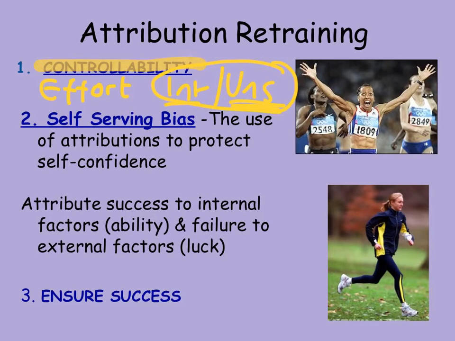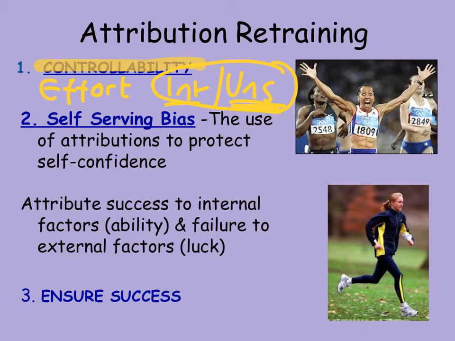So effort and controllable attributions are good in general. They are good for success and for failure. If I succeed and I attribute it to the effort or training that I've put in that week, I will associate the success with that effort, and I'll try to do the same again the following week. So the impact on my behaviour is that I will put good effort into my training and preparation or into the match.